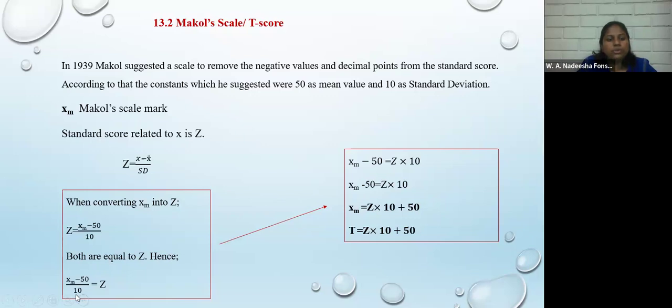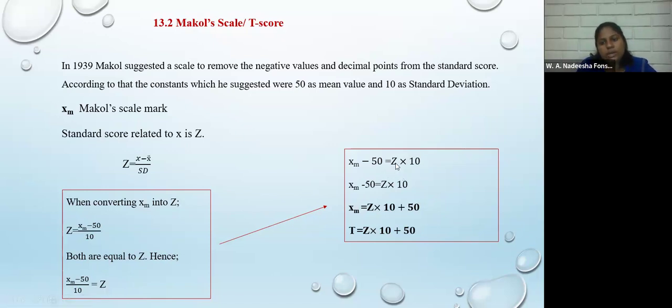Is this rearrangement clear for you? XM minus 50 over 10 equals Z. So the division by 10, we have to take to the other side. If we take division by 10 to the other side, we have to multiply it.